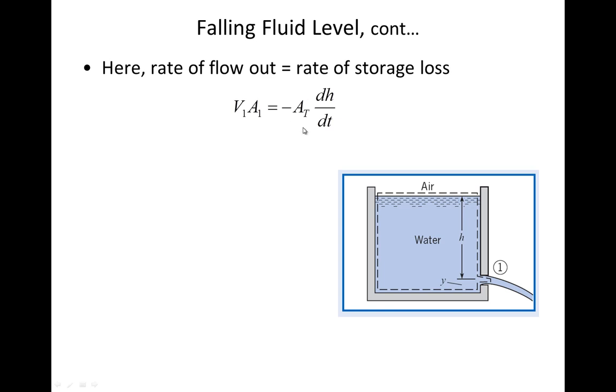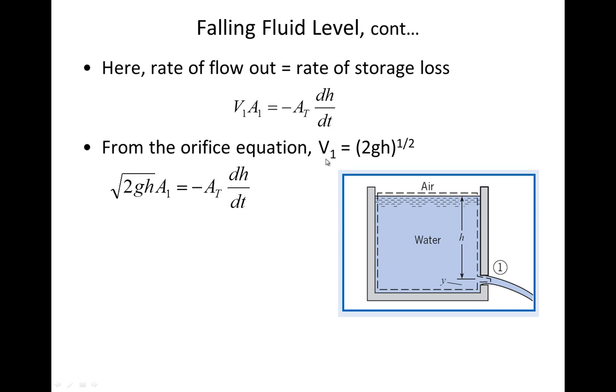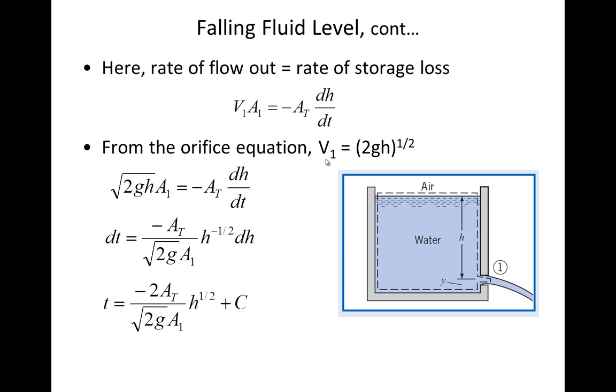And this is the change in volume over time inside of the tank. And so A sub t is the cross-sectional area of the tank, and dH/dt is the change in the water height over time. So the elevation is decreasing over time, and if we substitute in the orifice equation for the velocity here at the outlet, where the orifice equation is the square root of 2gh, and solve for dt, we can integrate that to find the amount of time it takes for the liquid level to fall some distance h.